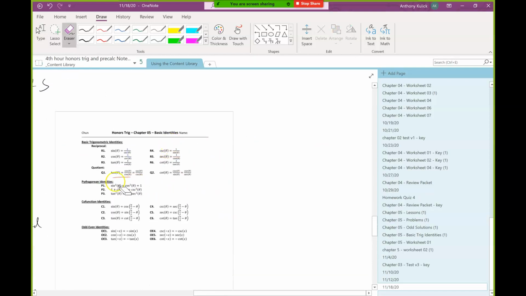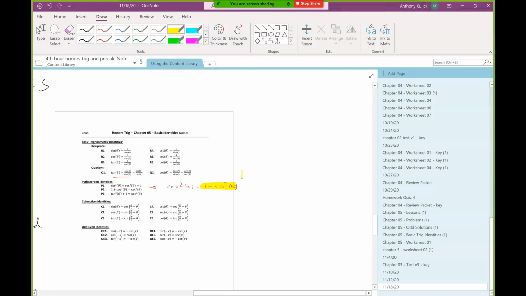So if I look at P1, if I had subtracted sine squared from both sides, I could say that cosine squared is equal to 1 minus sine squared. And that's what I'm going to try to make then in my denominator.